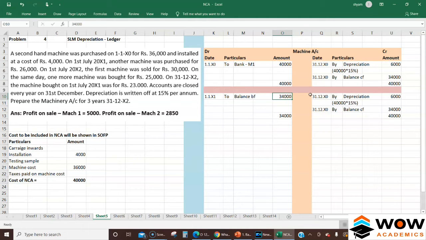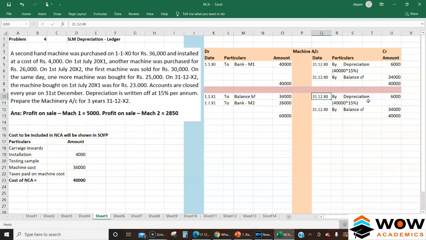Done. On 1st July 2011, there is going to be another purchase. So it's going to be machine 2. The value of that machine is 26,000. So total value of 60,000 has come.